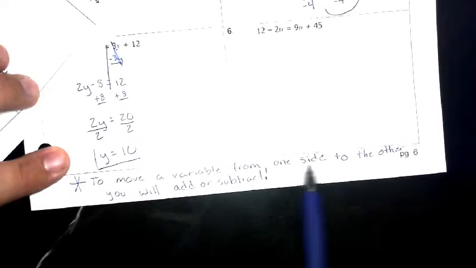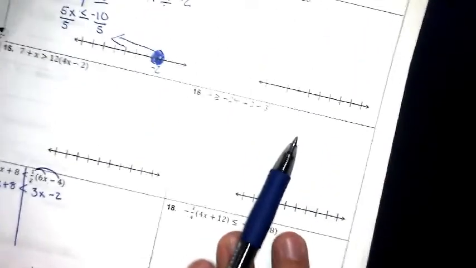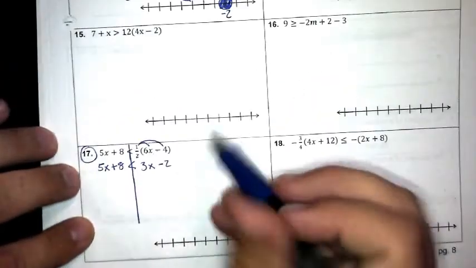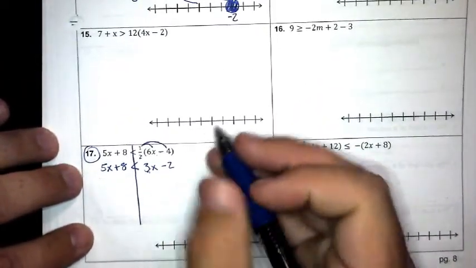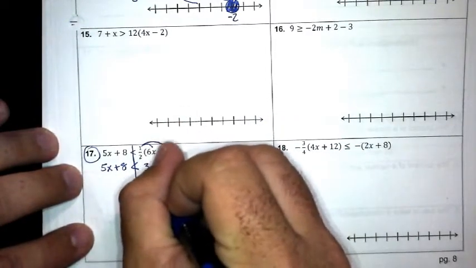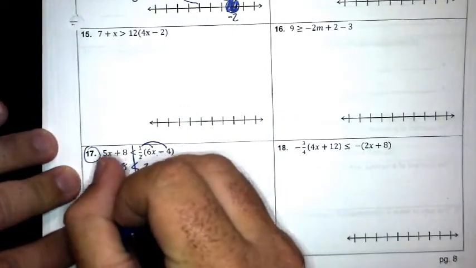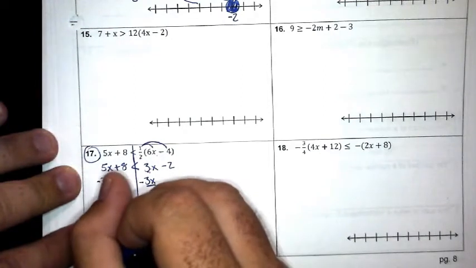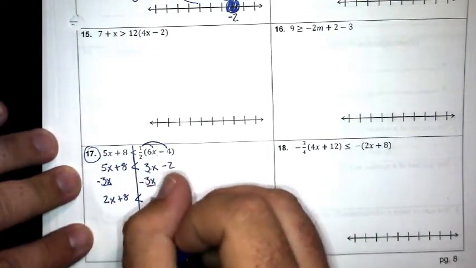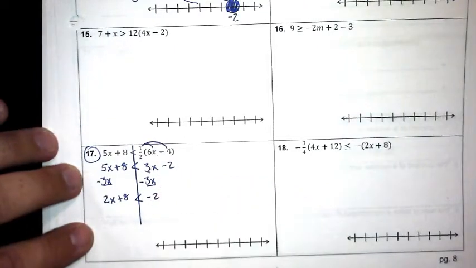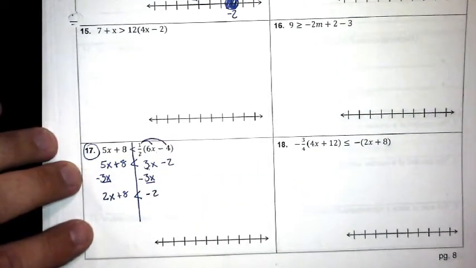Subtract it. So that gives me 2x plus 8 is less than -2. From here, doing the same thing we've been doing for the last 3 days. So now I have 2x is less than -10.